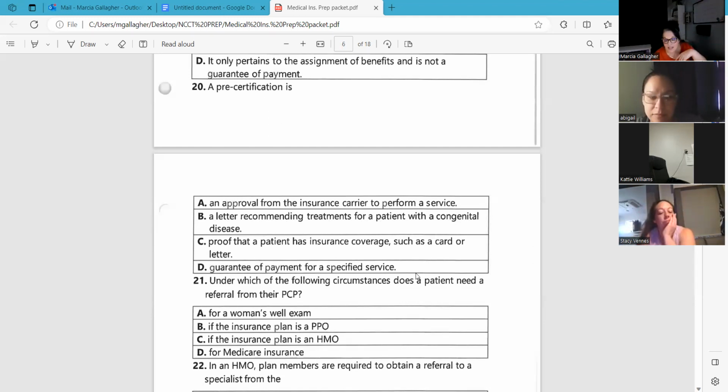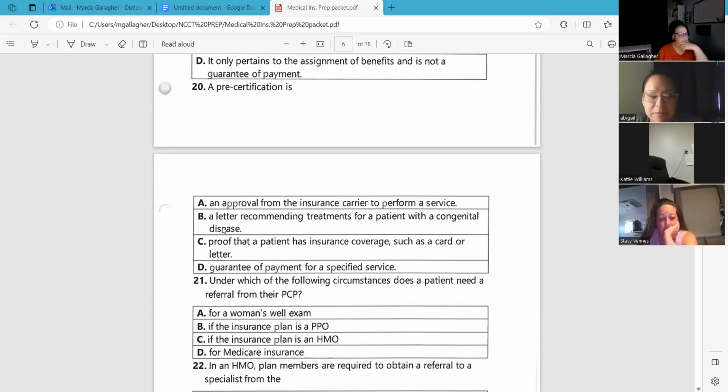Well, we know D is not right automatically because it says guarantee, and we know pre-certification is not a guarantee. So C, proof that a patient has insurance coverage such as a card or letter, does that make sense? Yes. So pre-certification is proof that a patient has insurance. I mean, it could be, but I'm not looking at that as being our best answer.